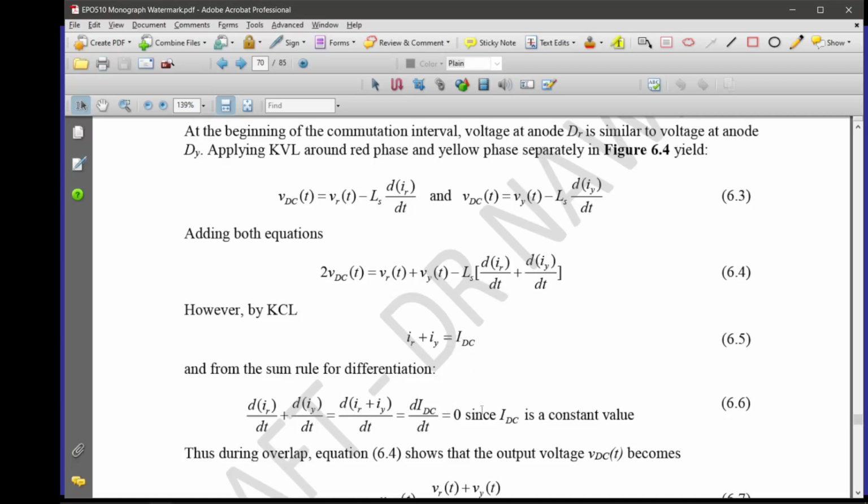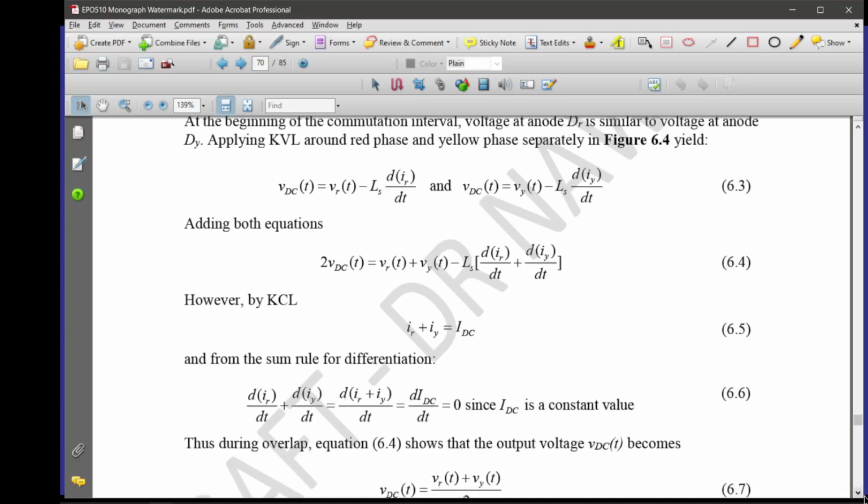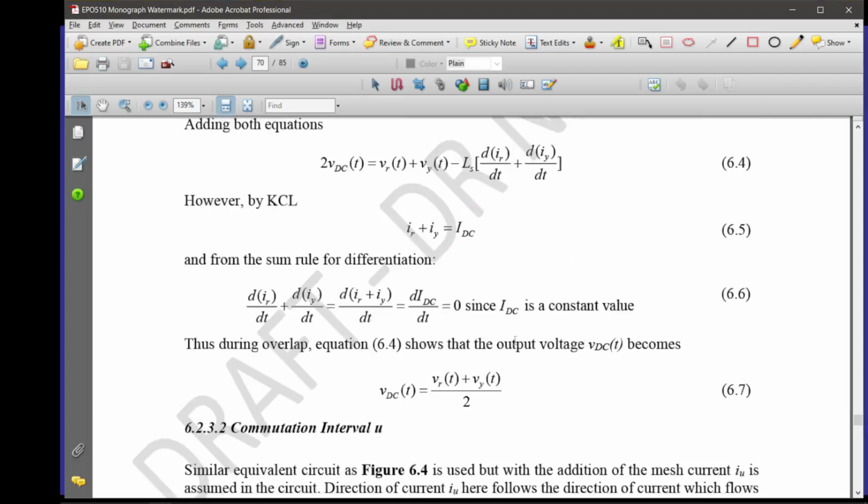So this term becomes 0, and therefore what is left is only VDC. At the end, VDC equals that equation.